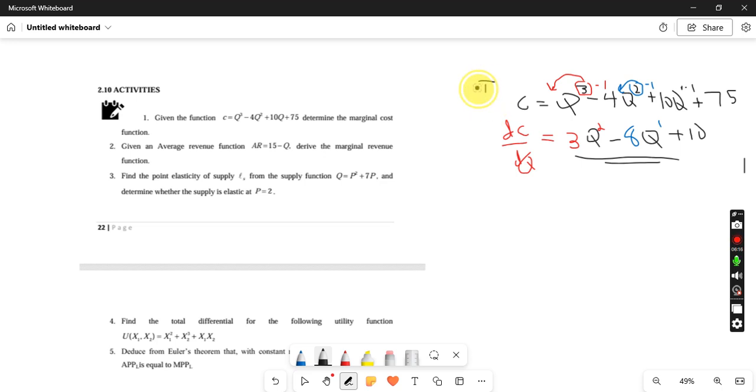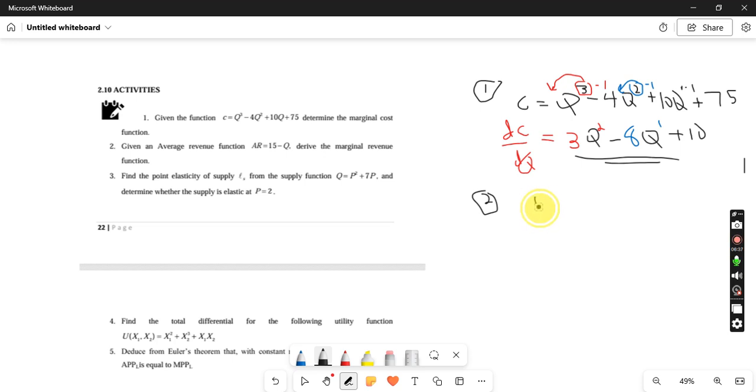Okay, then we've got question 2 here. Given an average revenue function AR equals 15 minus Q, derive the marginal revenue function. So colleagues, here also you have to remember these formulas.